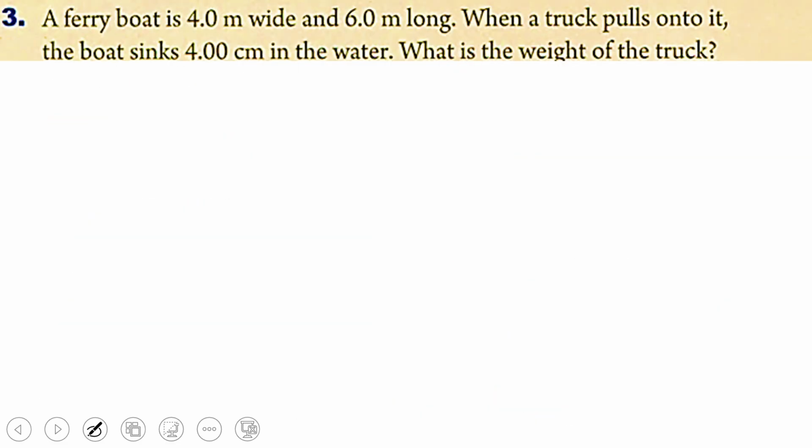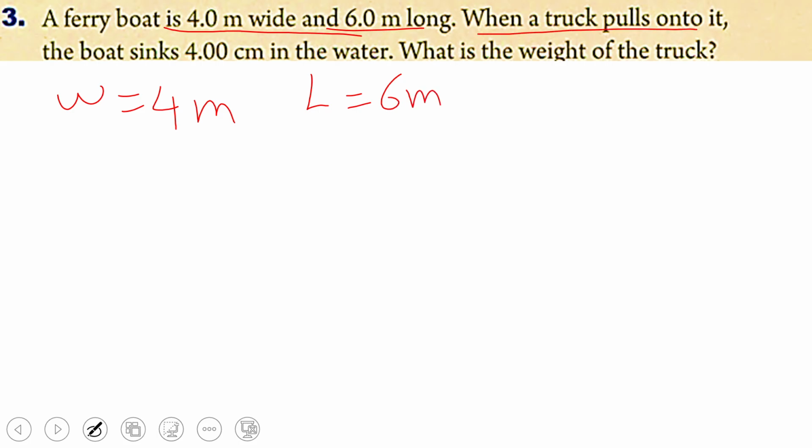Guys, question 3. We have another example. A ferry boat is 4 meter wide, W equal to 4 meter, and 6 meter long, L equal to 6 meter. When a truck pulls on it, the boat sinks. Guys, look.